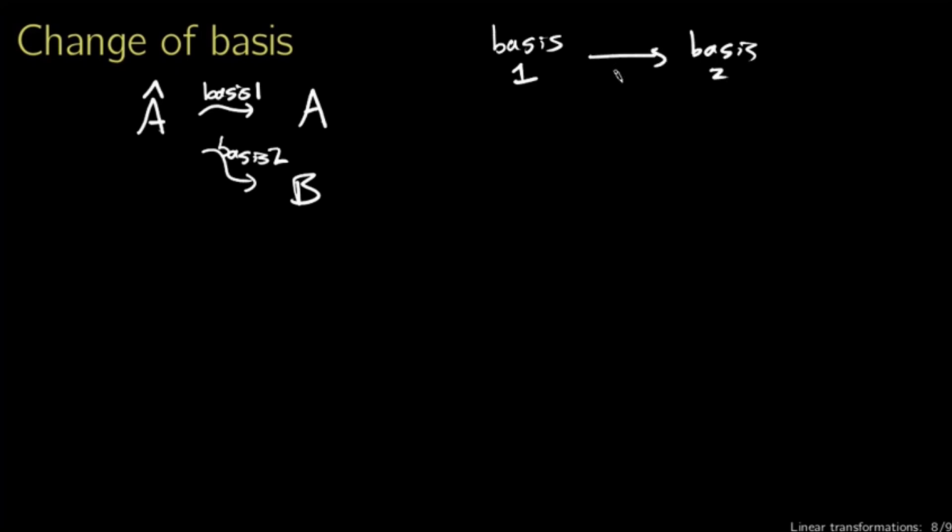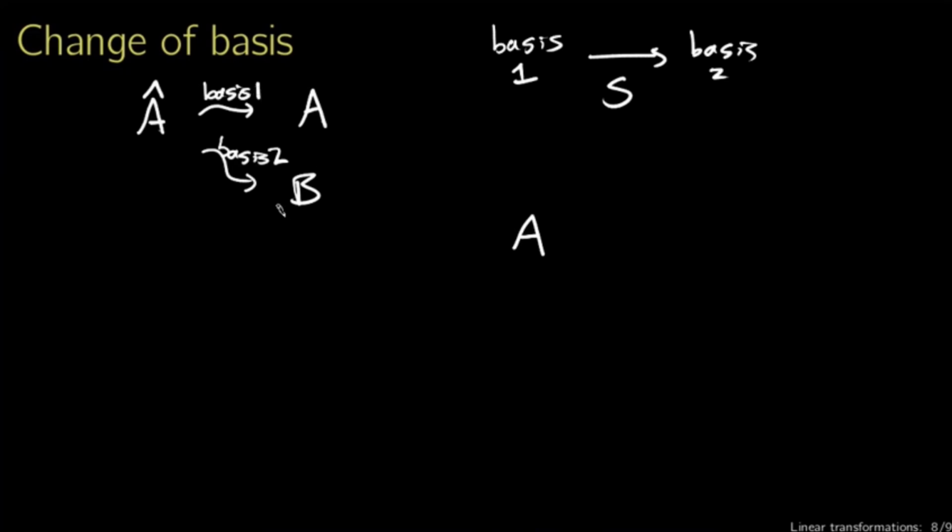That transformation I'm going to call S. So if S takes a vector expressed in basis 1 and re-expresses it in basis 2, I can use S to figure out what B is in terms of A. The first thing to acknowledge is that A acts in basis 1.